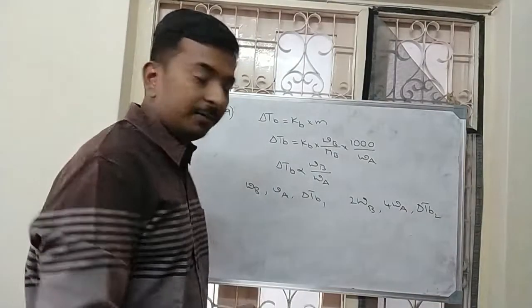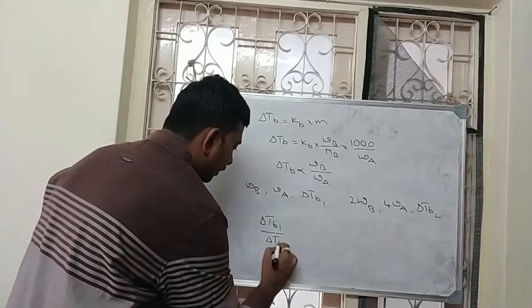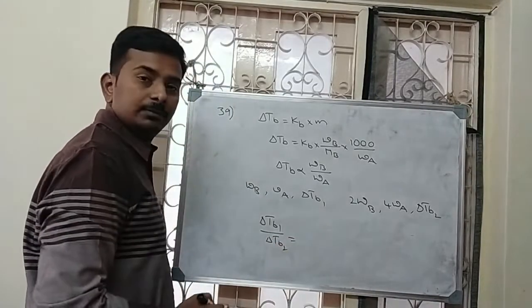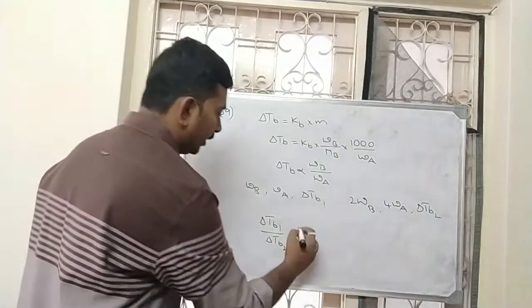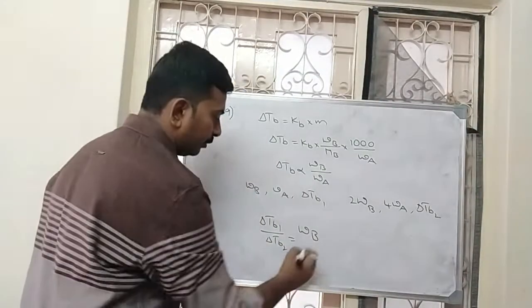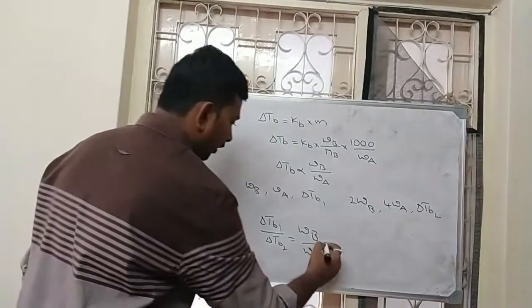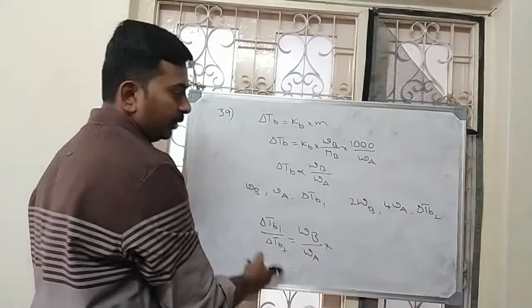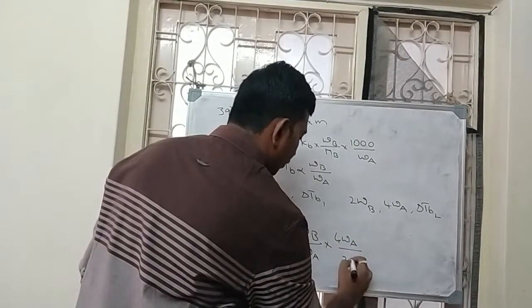So if we take the ratio of these two, delta TB1 by delta TB2 is equal to WB by WA, into 4 WA by 2 WB.